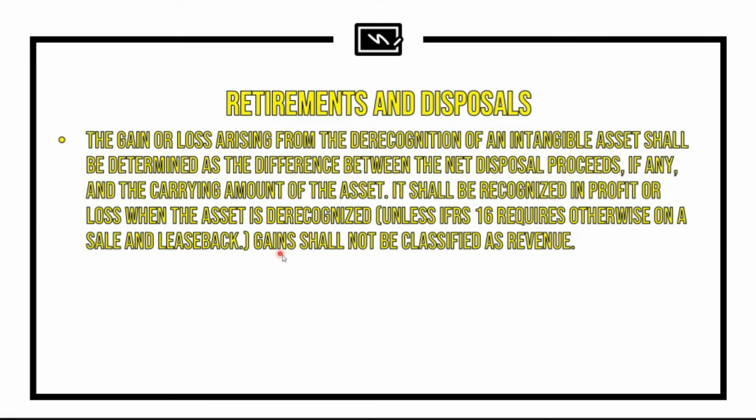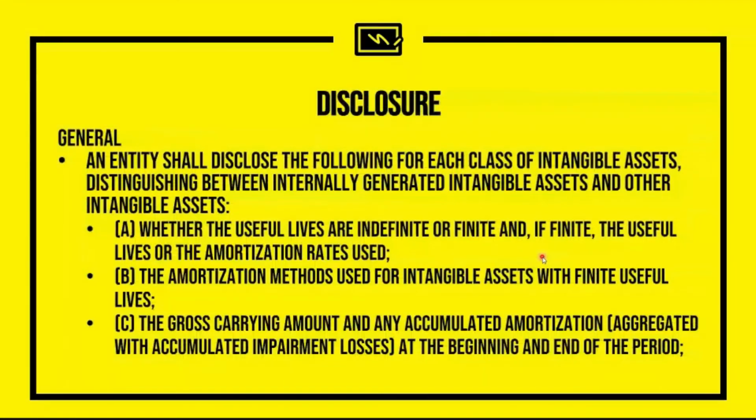And of course, gains shall not be classified as revenue. Just to emphasize that gains on the sale of intangible assets are not considered as revenue coming from the ordinary course of business. Okay? So with that, we go to the last topic, which is disclosure.